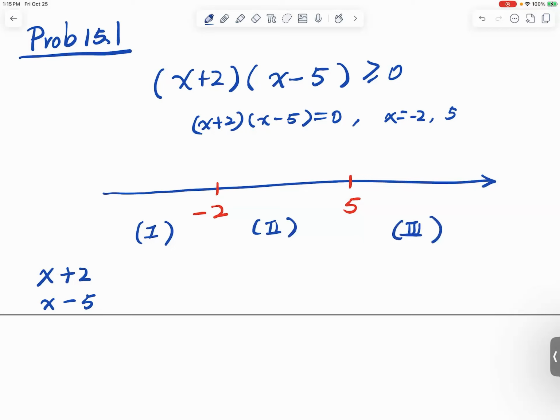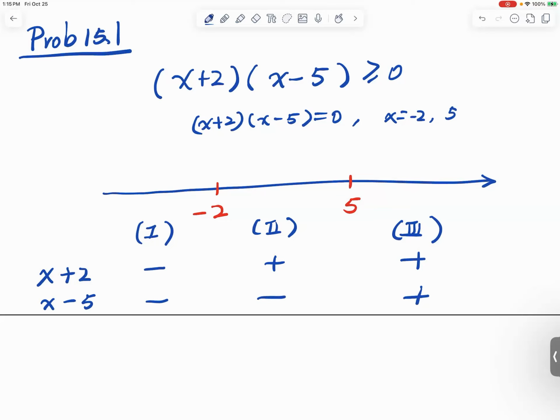None of these factors will change sign within an interval. It only changes sign from one interval to another. So x plus 2 is going to be negative here, positive here, and positive here, right? And x minus 5 is going to be negative, negative, positive.